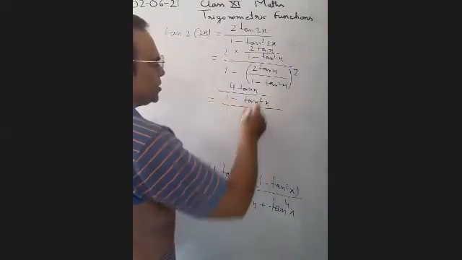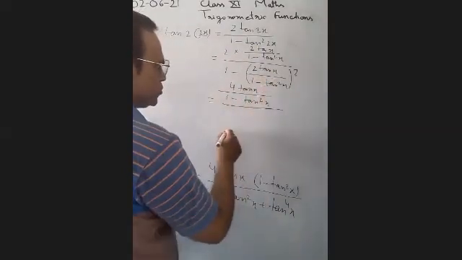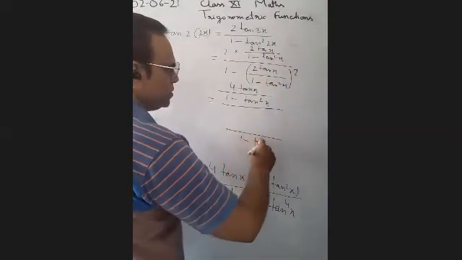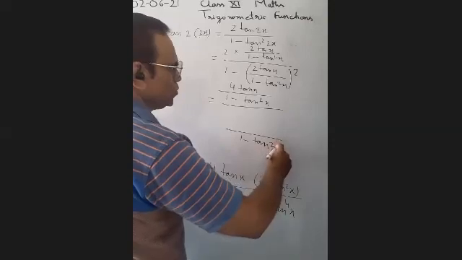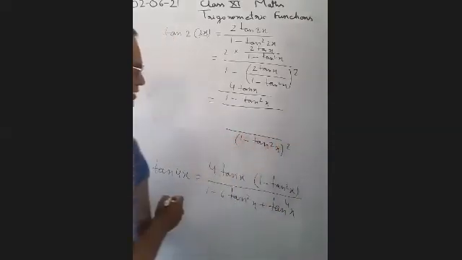In the denominator, this is the square of the whole term. The square of the whole term, so you have to do 1 minus 2 tan square whole square. You have to take the LCM also.